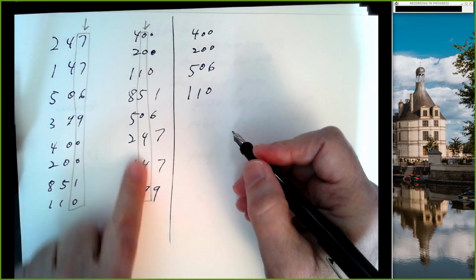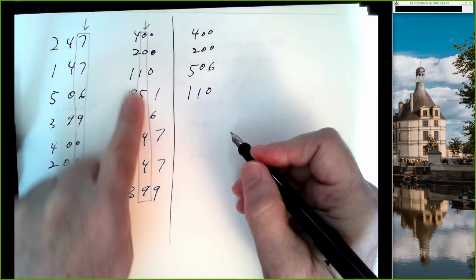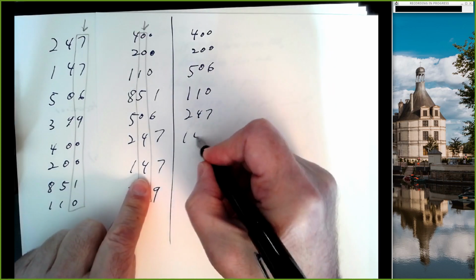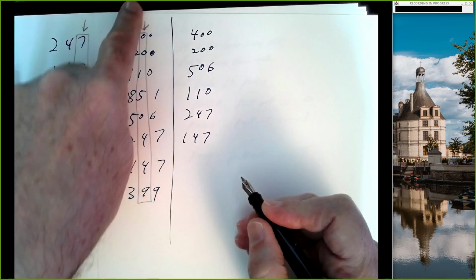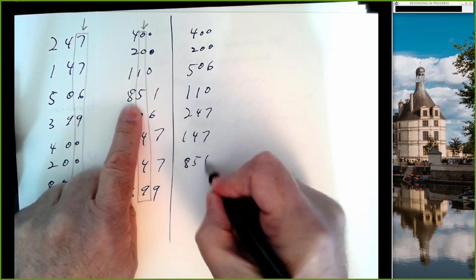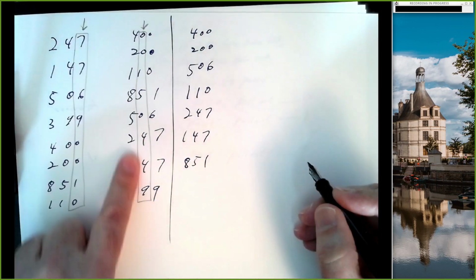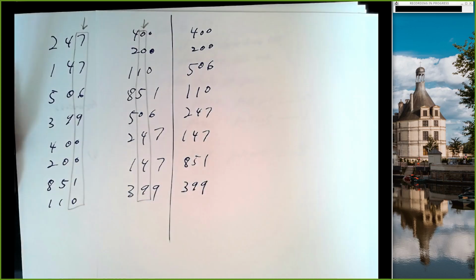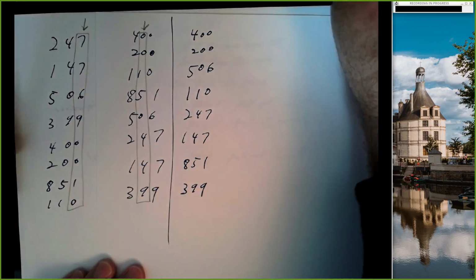And then anything with a 2 or a 3. And then with a 4, we've got a 247 and a 147. And then a 5 gets us the 851. Nothing with a 6, 7, 8. And finally with a 9, we've got a 399. Alright, that's the end of our second pass.